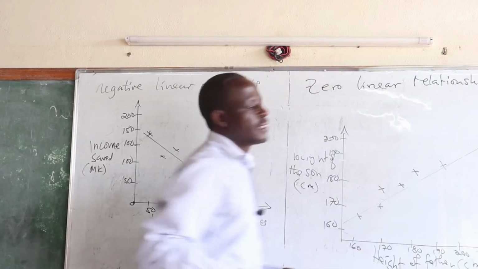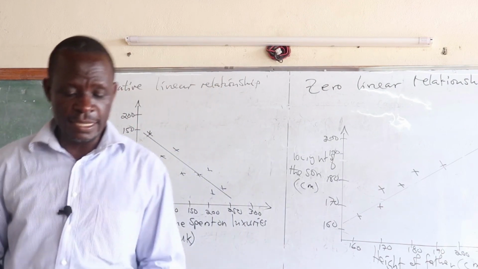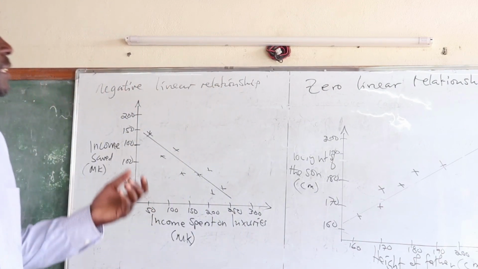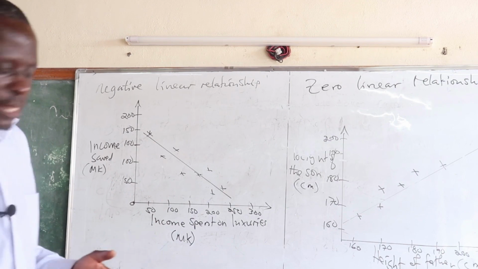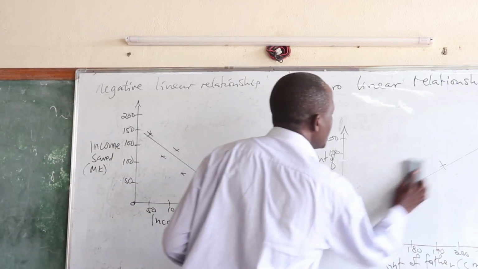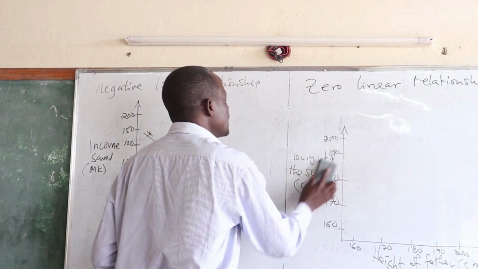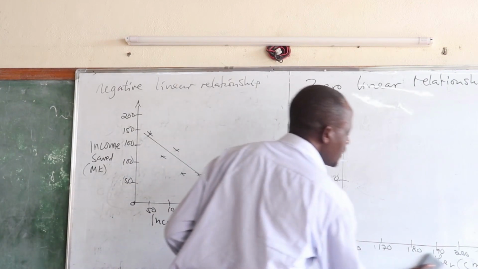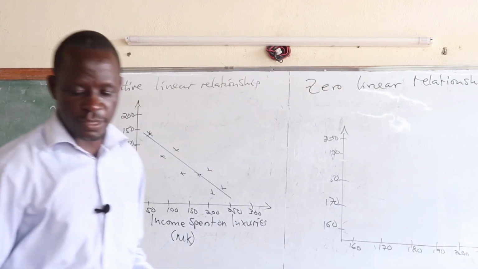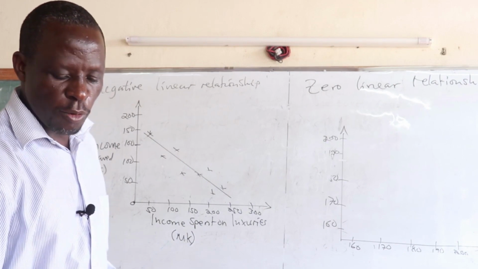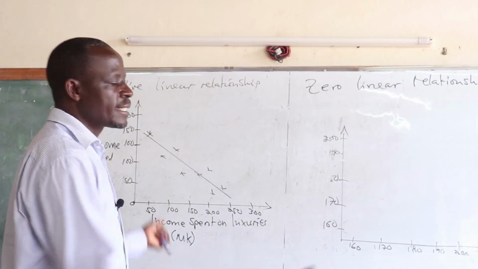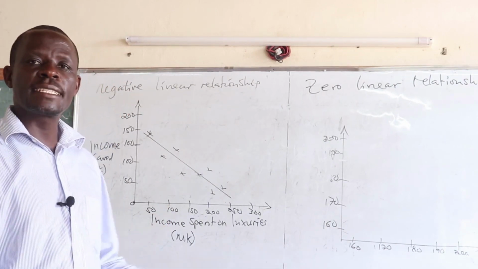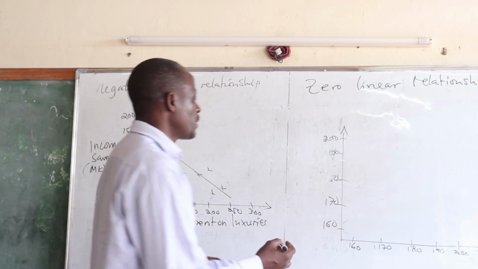In this case, when one variable is increasing, nothing happens to the other variable. So there is neither increasing nor decreasing. It's actually straight. Most of the time when you plot graphs of this nature, even when you draw a straight line, it is just parallel to the x-axis, or to the dependent variable.